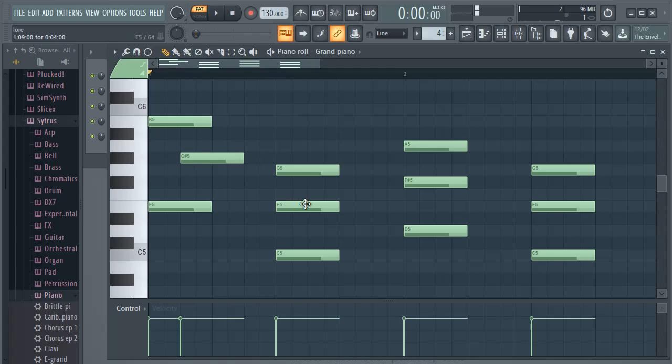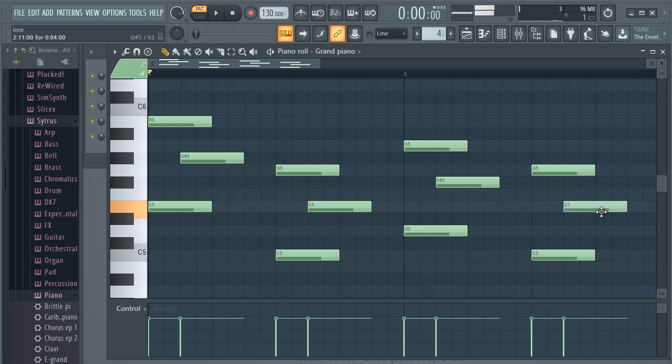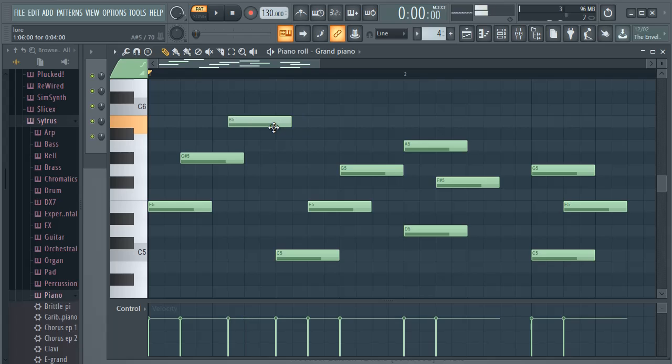Alright, what I will do, however, is try to move these around. Let's move these middle sounds a tiny bit to the right. Yeah, not too bad. How about moving this fella here? Okay.